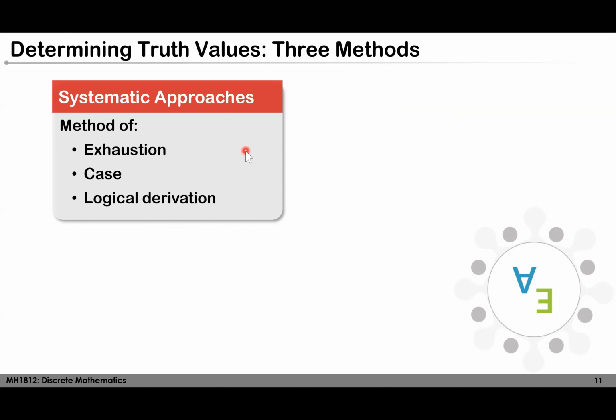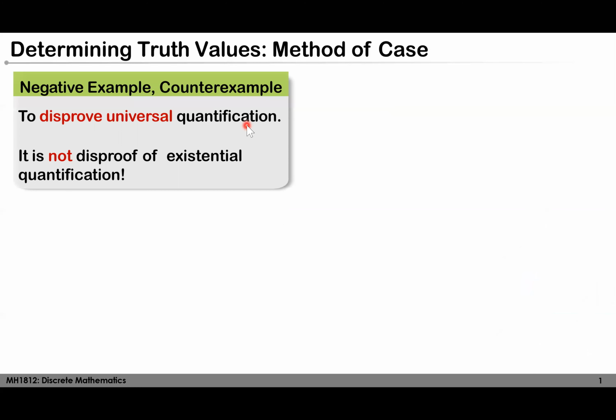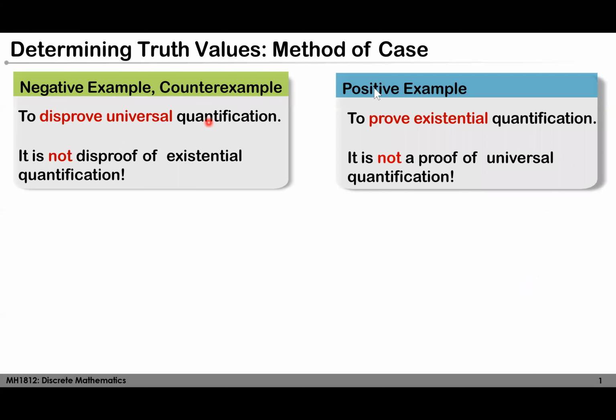And usually we can use the method of cases. And we can take a negative example, that is the counterexample, to disprove a universal quantification. And we can use a positive example to prove an existential quantification.